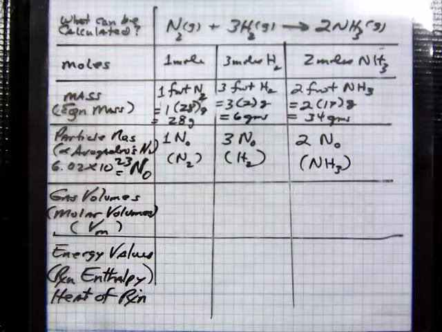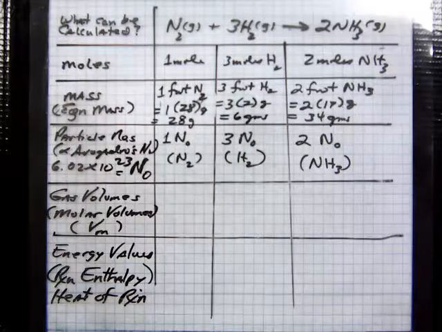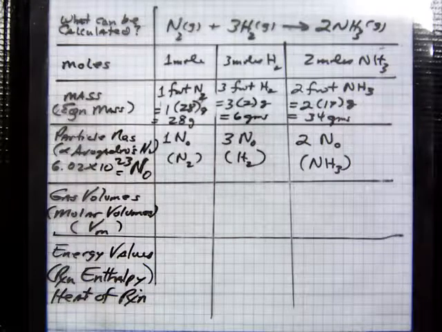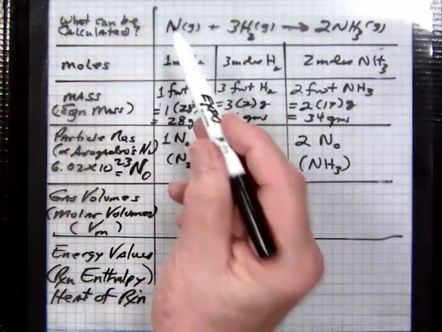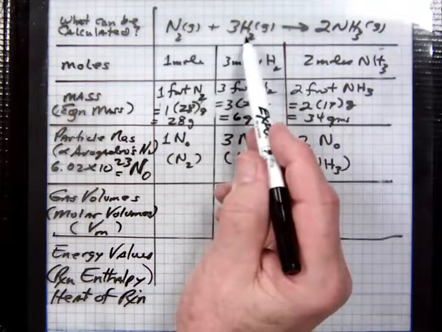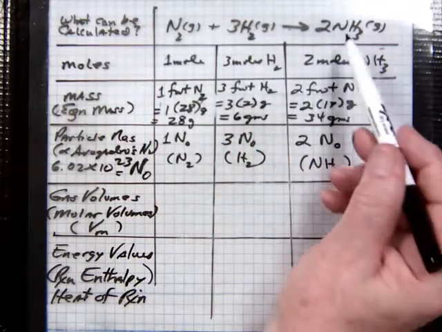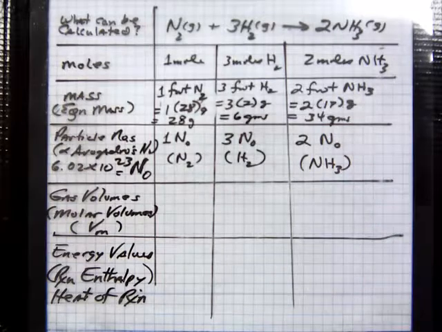And that gives you the real number. Okay, that's the realistic footnote in that consideration. But you can also go in here and say, well, 1 molecule of nitrogen gas plus 3 molecules of hydrogen gas will react to produce 2 molecules of ammonia gas.